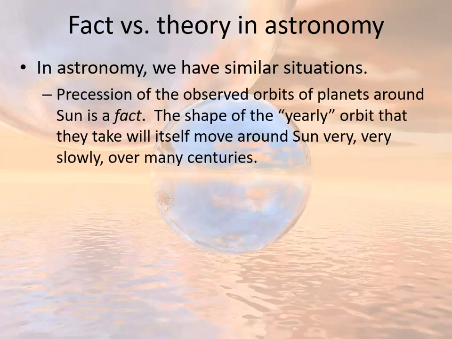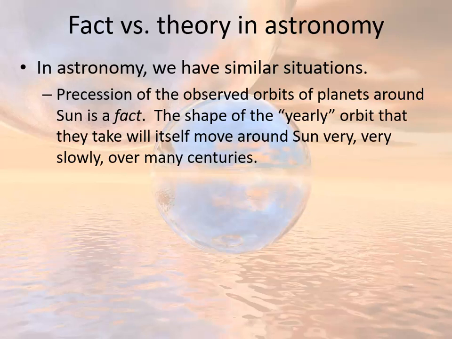For example, it is a fact that if you were to imagine a highly elliptical orbit of a planet around the sun, I mean, most of the planets have orbits that are pretty close to being circular, but like, say, a comet or something like that with a very highly elliptical orbit. Well, if you were to watch that over many orbits, you would notice that the orientation of that orbit would shift relative to the background stars. We call that precession. That is a fact.